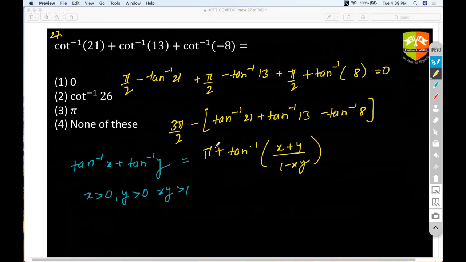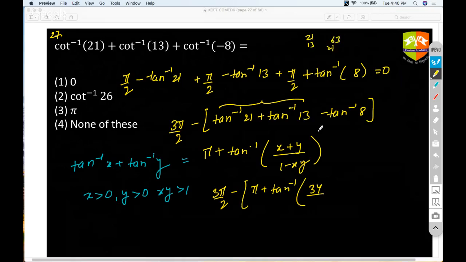Okay. So what I'll do is I'll apply the same to these two. Right? So 3 pi by 2 minus pi plus tan inverse of this will become 34 by 21 times 13 is going to be 273 minus 272.